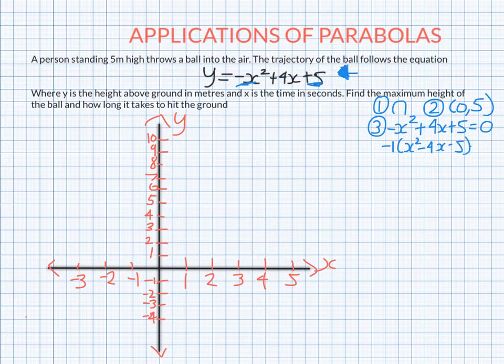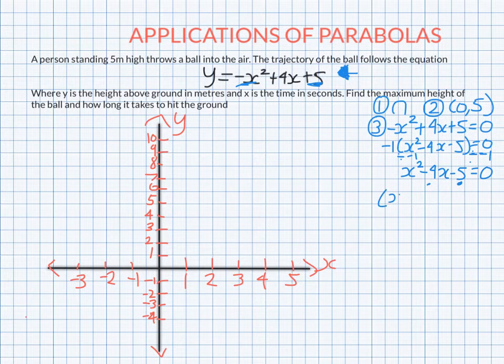The reason we do that is we can then divide each side by -1. And if we divide each side by -1, then I'm just left with a monic quadratic, which is much easier to solve.